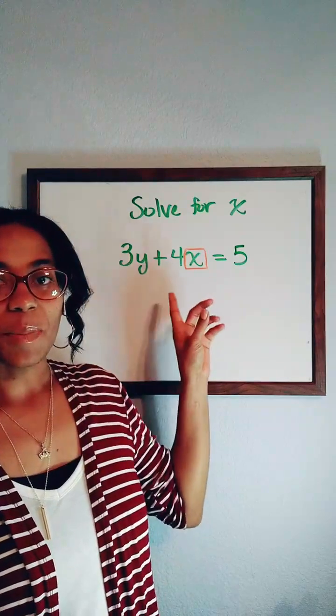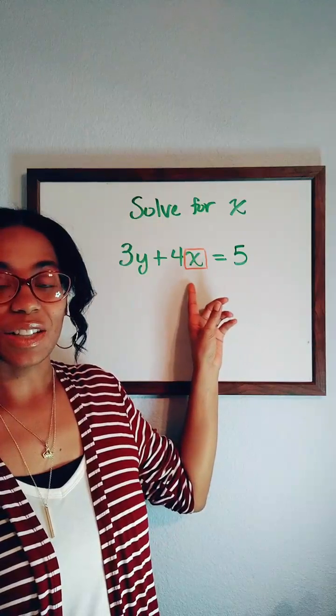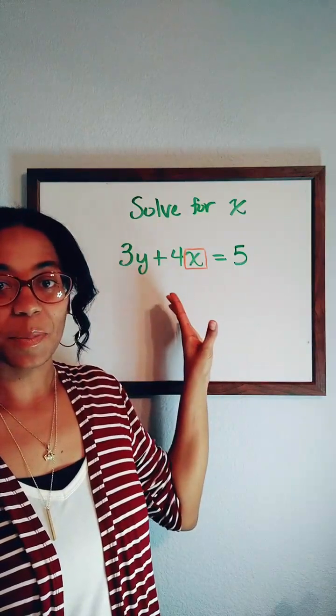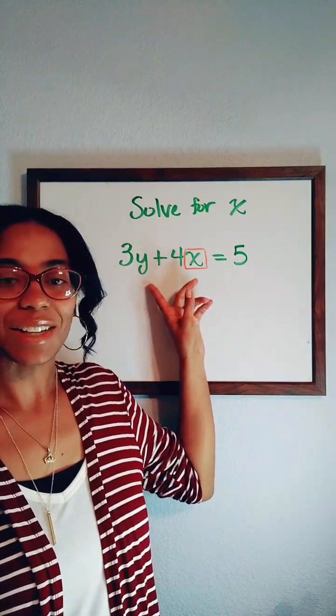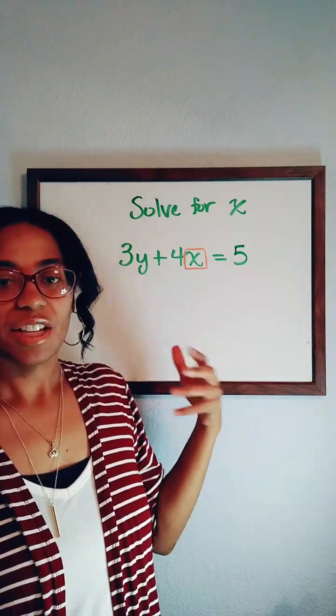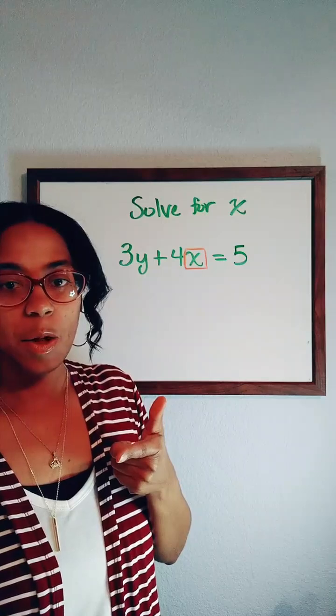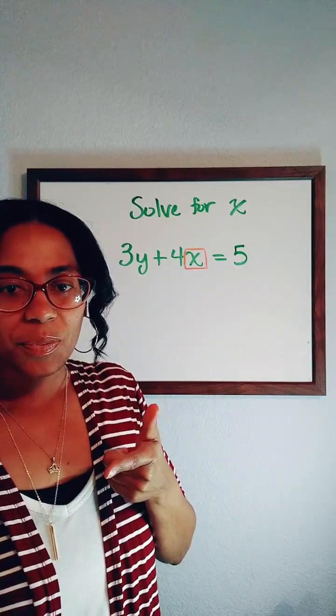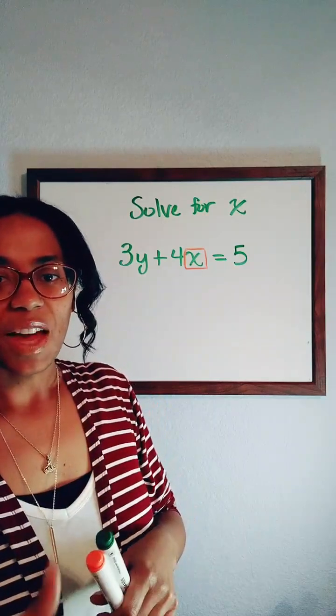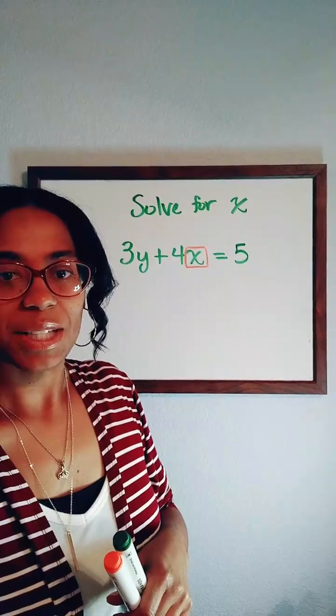So think about this. You are trying to get the x alone. Act like these are just regular numbers, like if this was 38 or something like that, okay? Treat it like that. DJ already told us that we're going to subtract 3y. So we got that part.